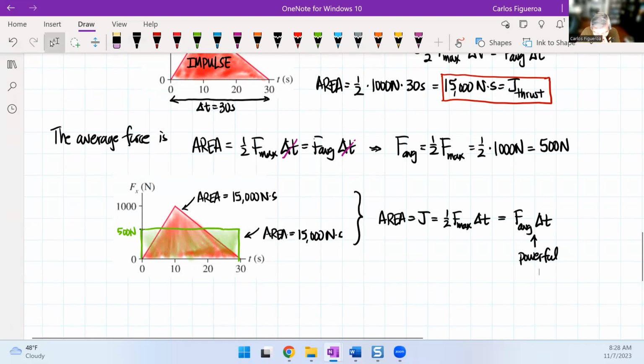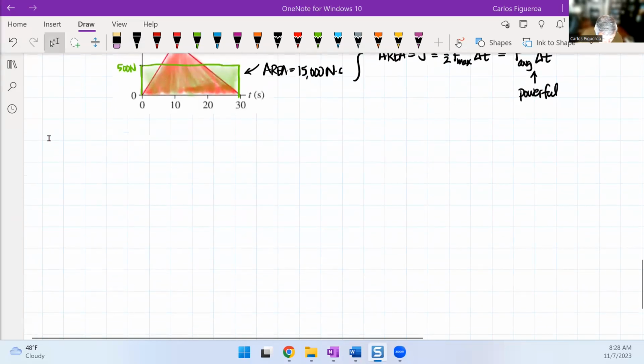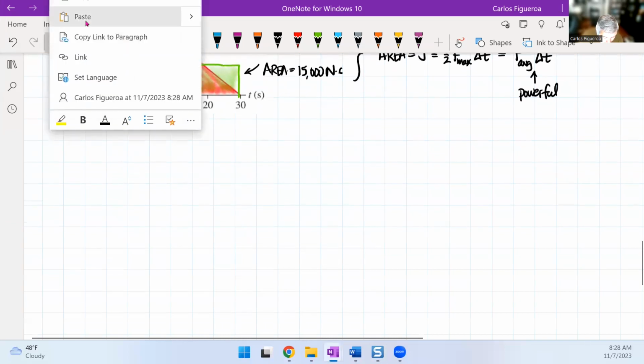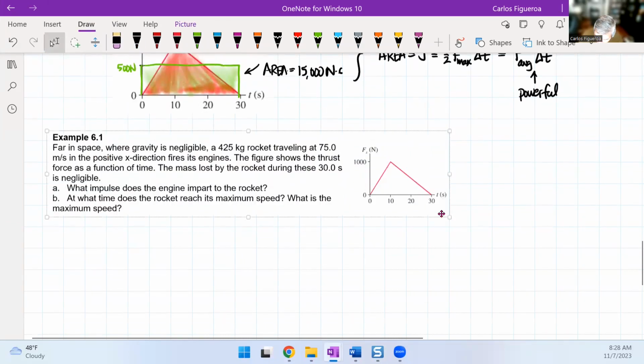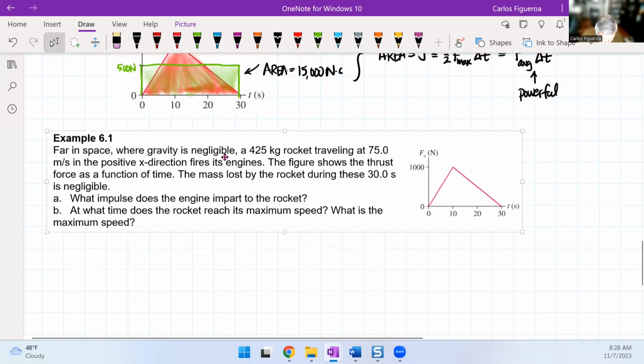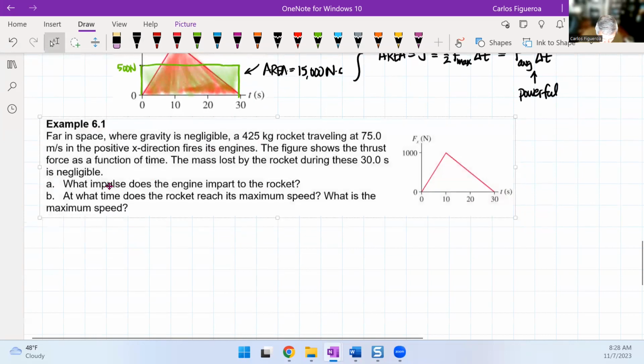Now, let's go look at the question again. Let me bring this question back. We just answered the first part of the question about the impulse. Now, at what time does the rocket reach its maximum speed?